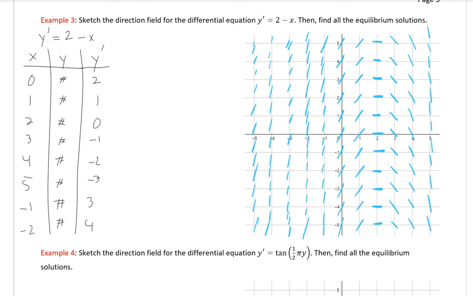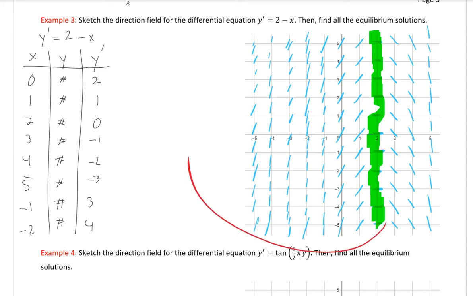All right, so that would be my direction field. Then my equilibrium solution, again, that's where the slope is 0, which is right here. That equilibrium solution happens at x equals 2. That's my equilibrium solution.